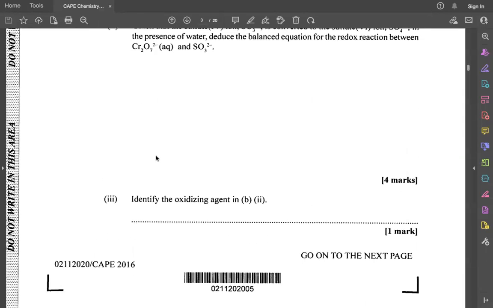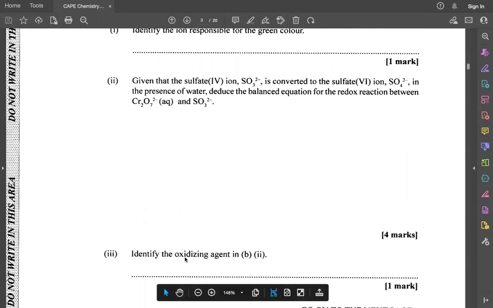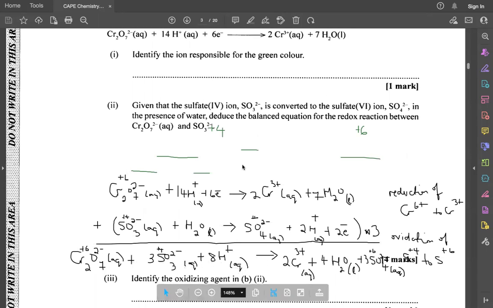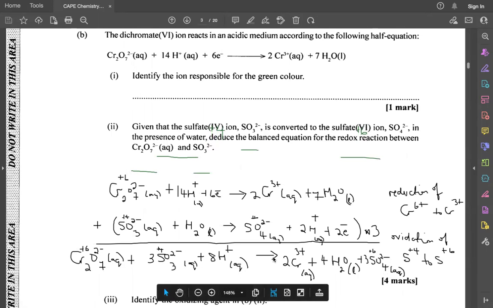So let's go down to the third part of this question, which is they're asking us to identify the oxidizing agent in B part 2. So let's bring that back and look at it. What we know about oxidizing agents is that they are the agents that bring about oxidation in other species.